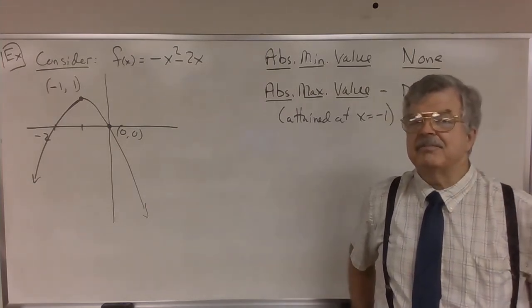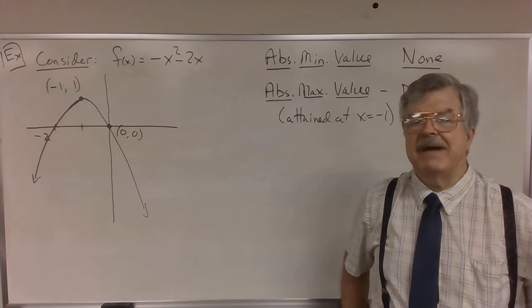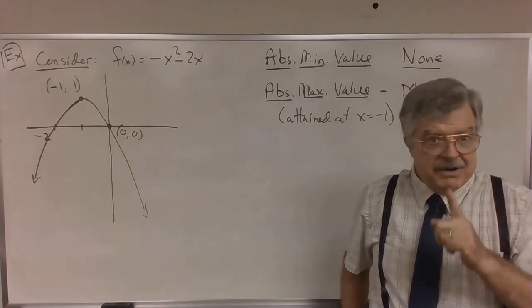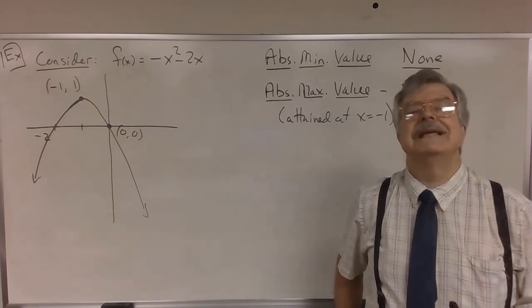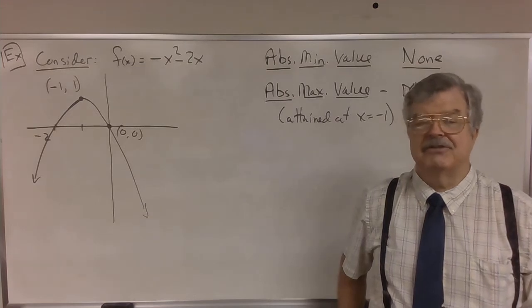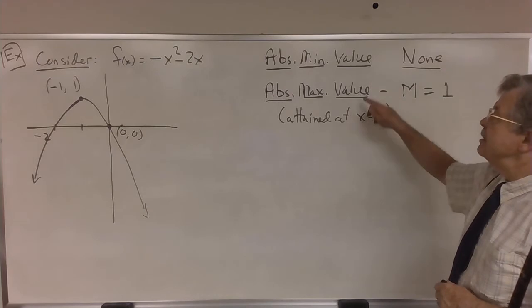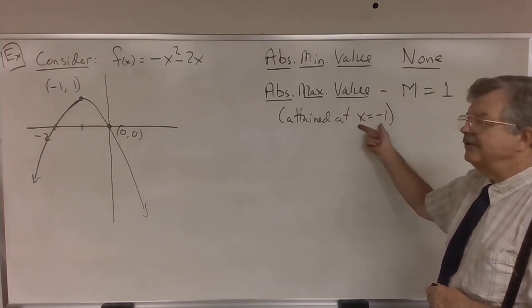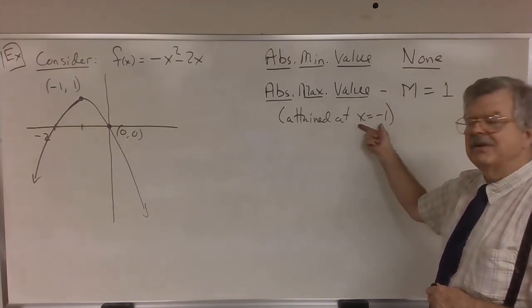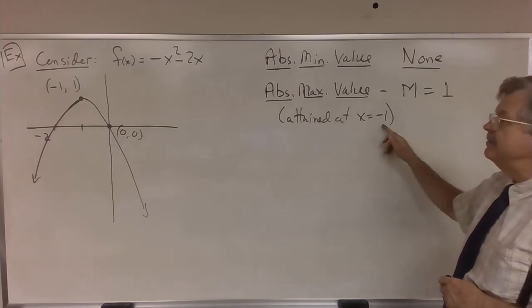It's not going to do us much good to know the absolute maximum profit if we don't know the x value that will get us that absolute maximum profit. So when we find our absolute minimum and maximum values, we also want to note the x value at which they're attained. This is going to be important.